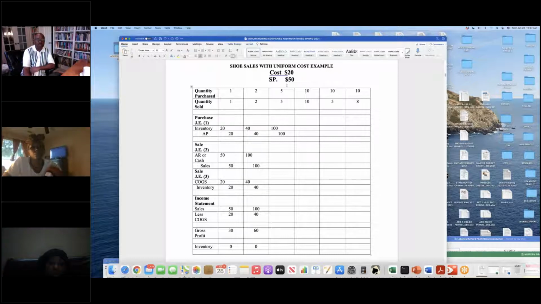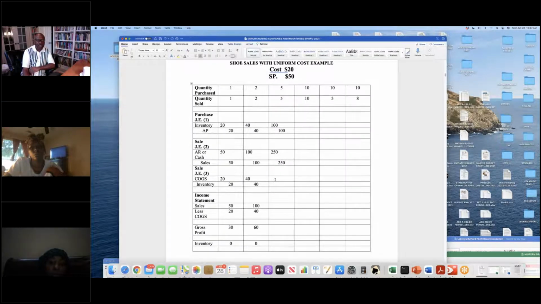Then if we sell them, how much money are we going to have now? 250 and 250. What's our cost of goods sold now? $100.